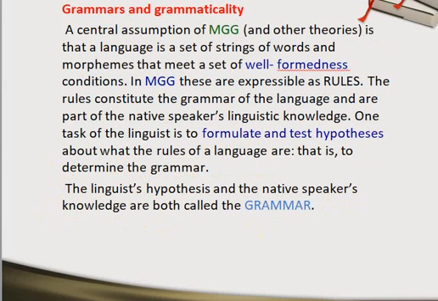Grammars and grammaticality. A central assumption of mainstream generative grammar and other theories is that a language is a set of strings of words and morphemes that meet a set of well-formedness conditions. In mainstream generative grammar, these are expressible as rules. The rules constitute the grammar of a language and are part of the native speaker's linguistic knowledge.